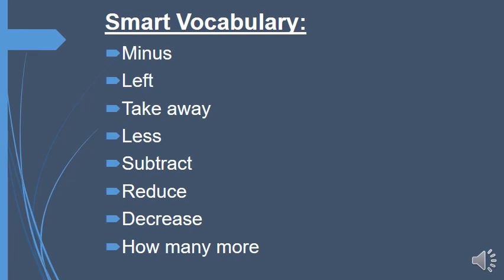These words all are used for subtraction purposes. If you see any of these words in any word problem, it means that it is a subtraction sum.